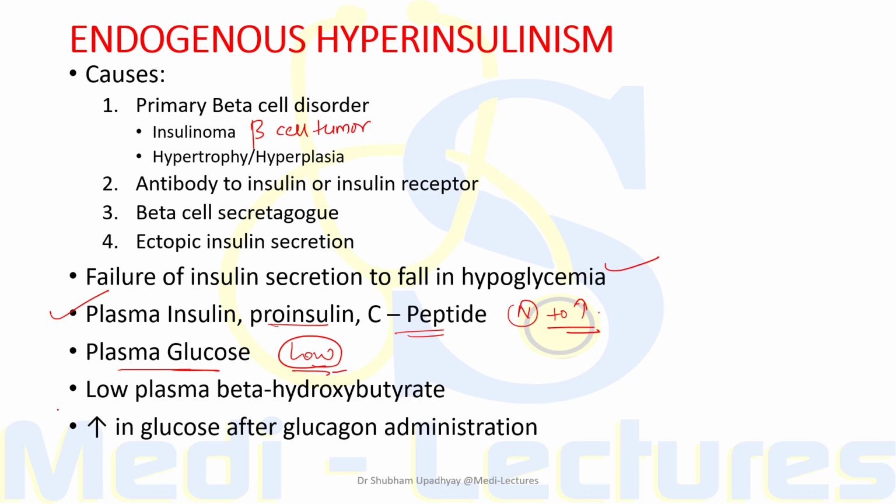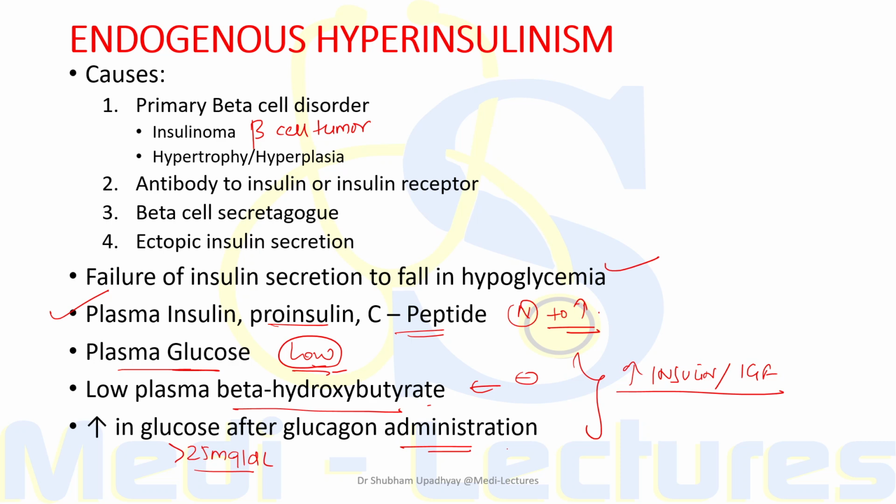Also, there will be low plasma beta-hydroxybutyrate because insulin inhibits ketogenesis, and there will be an increase in glucose of more than 25 milligrams per deciliter after administration of glucagon. So, all these indicate that there is increased action of insulin or insulin-like growth factor molecule in the body.